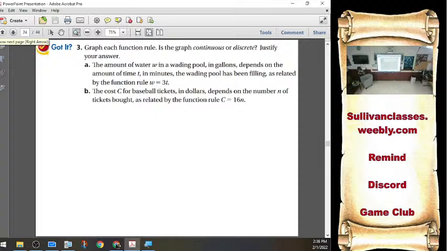Whereas the cost of baseball tickets, can you buy 2.8 tickets? No. So it's discrete. That's it. Okay, that makes sense now. It's just about, can you get a portion of this thing?